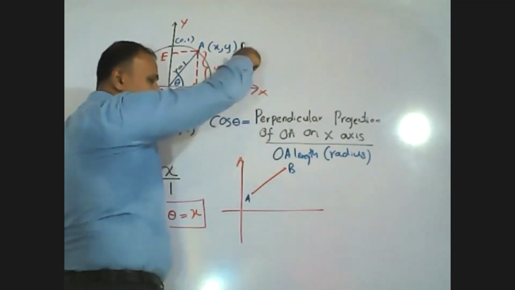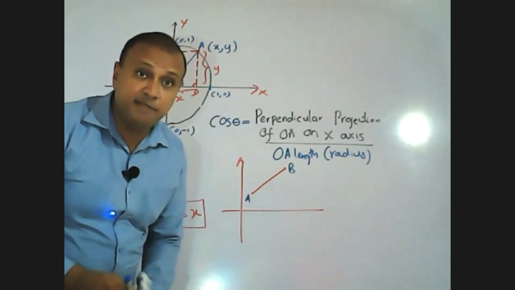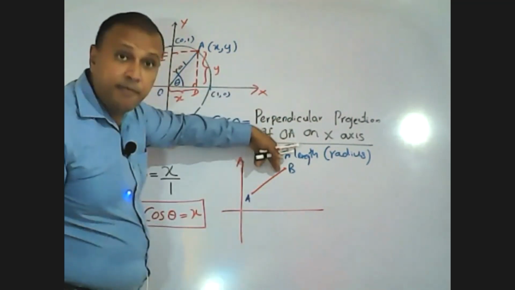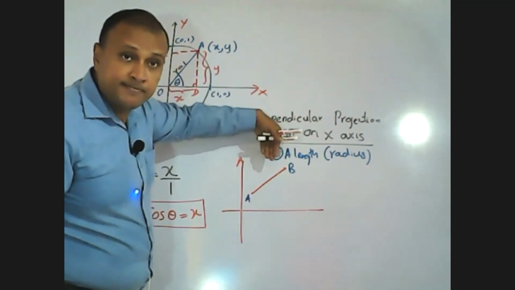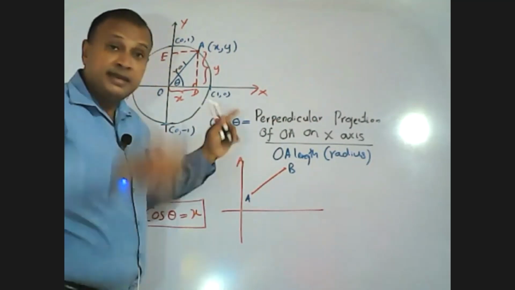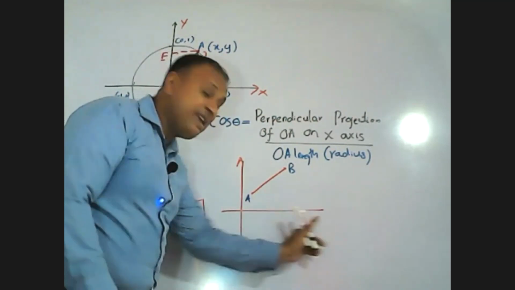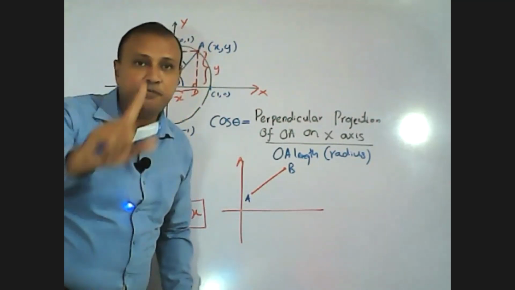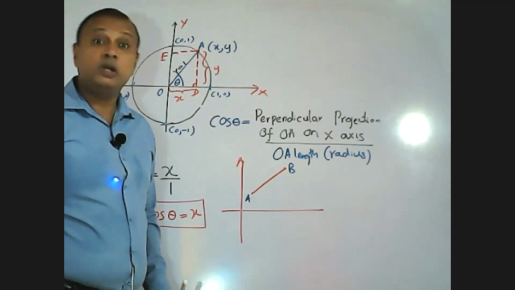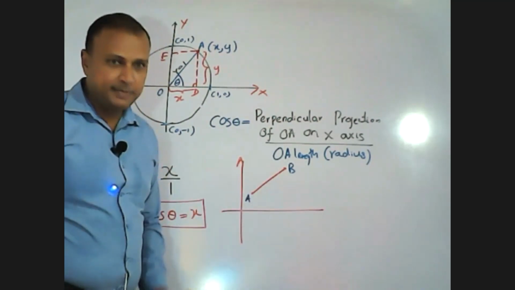If I incident a parallel light beam on this line segment from the upper direction, then the shadow on the x-axis is called the perpendicular projection of that particular line.